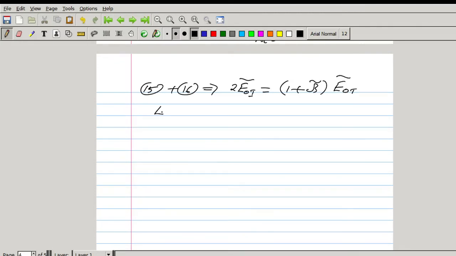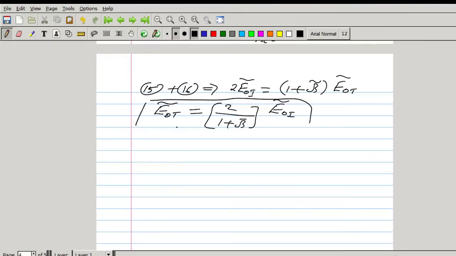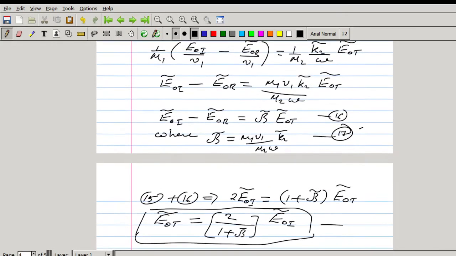So the complex amplitude of the transmitted wave E0t can be written as 2 by 1 plus beta into E0I. This is equation number 18.